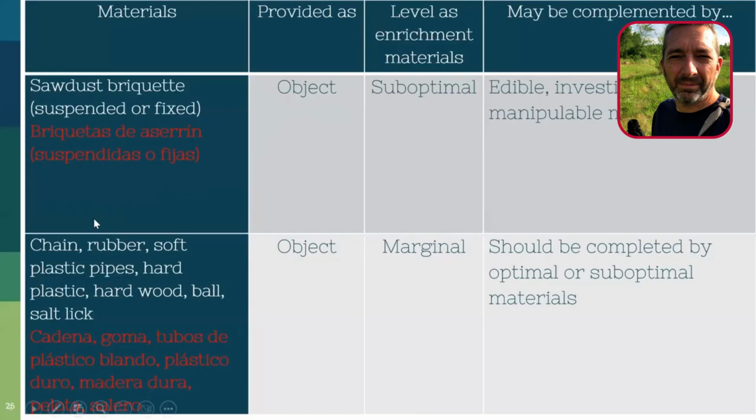And then when we get down to, again, those things that are most common, I think, within industry, certainly here in North America, the addition of a chain. We've got very hard wood, hard plastic, soft plastic, that ball, rubber. All of these really are determined to be marginal. And so if you're going to put these in, it's not good enough to put these in by themselves. You really need to be augmenting that with more on this list.